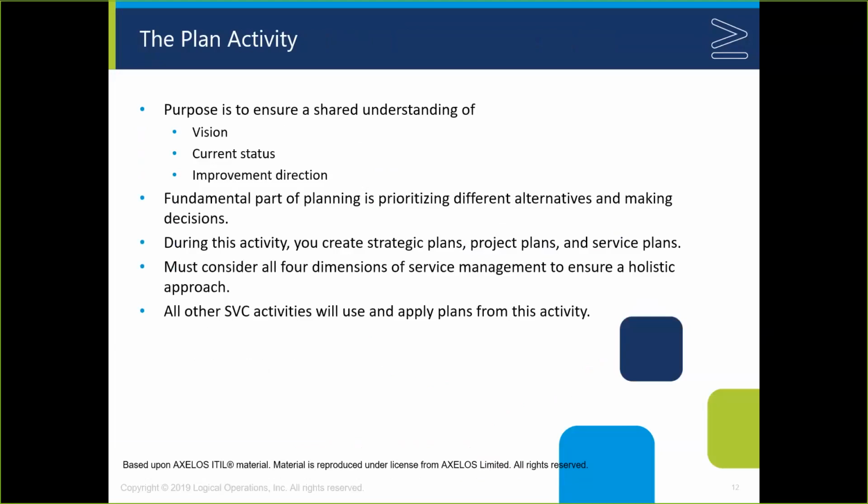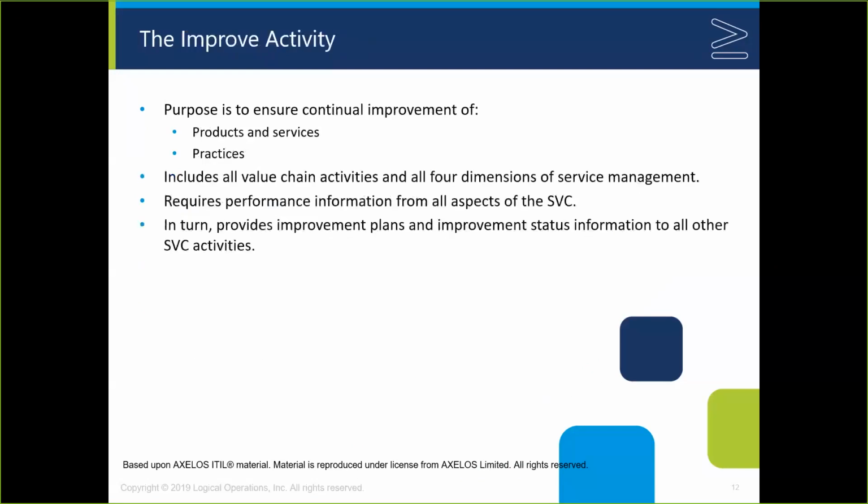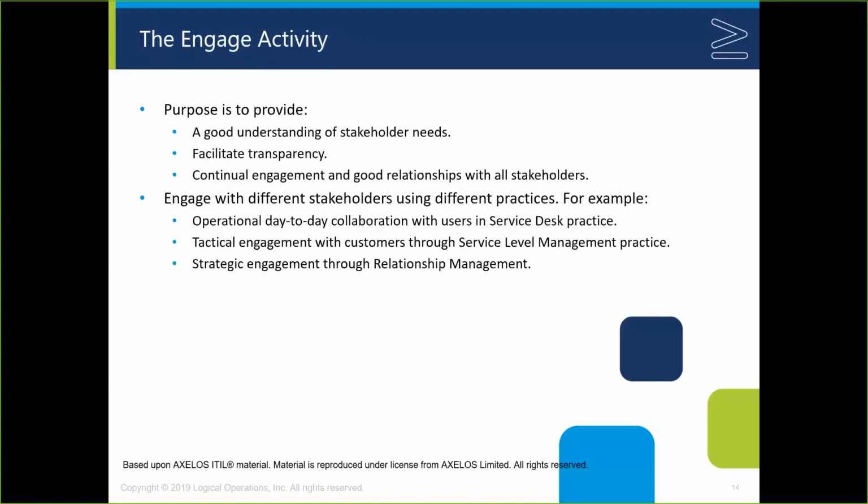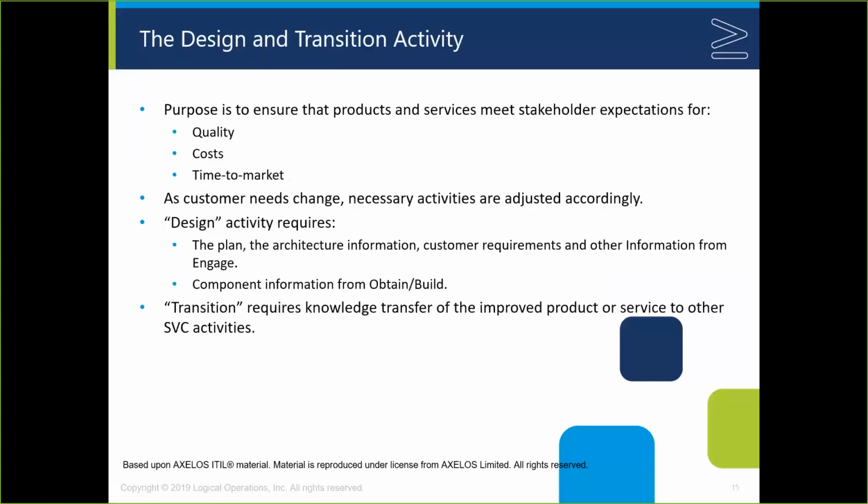But at the end of the day, you can think of the activities as describing 6 kinds of interactions we have to do things. And when we go out and actually establish our practices, it's some combination of these activities working together. Right? So we plan things, we improve things, we engage with stakeholders, users and customers and other stakeholders. We design services.